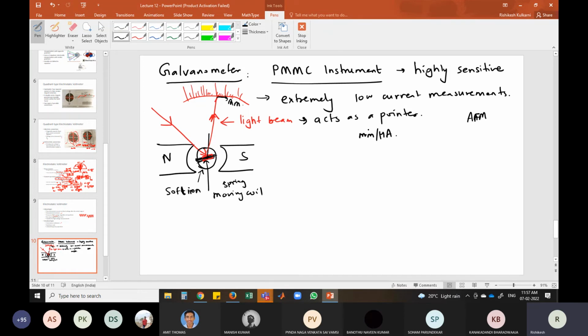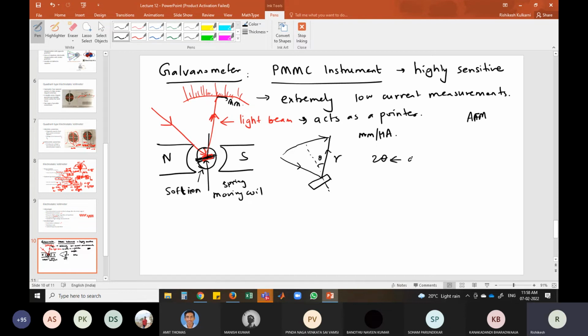One important thing one must understand is that if you look closely at the mirror, if the mirror deflects by an angle of theta, the total deflection of the light beam is 2 theta.